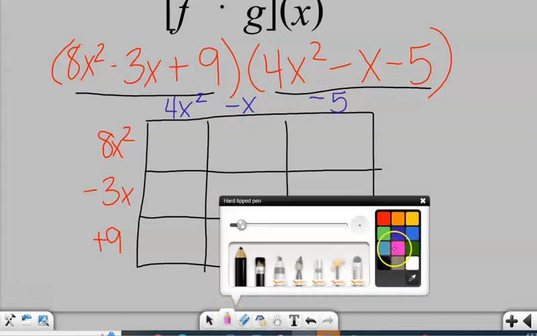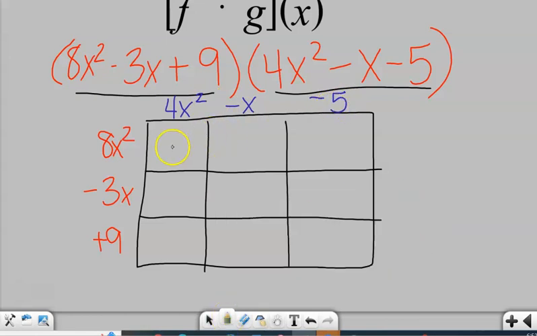All right, and then I'm going to go through and I'm going to multiply. So in that first box, 8x squared times 4x squared would give us 32x to the 4th because we're adding those exponents. 2 plus 2 is 4. All right, going through to the second box in that row. 8x squared times negative x is negative 8x to the 3rd because we had 2 x's here, 1 here. Going to that last box, 8x squared times negative 5 would give us negative 40x squared.